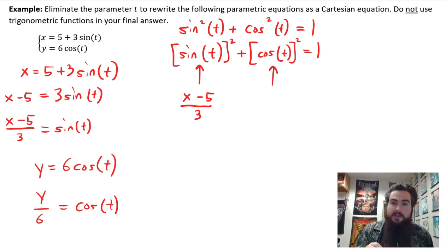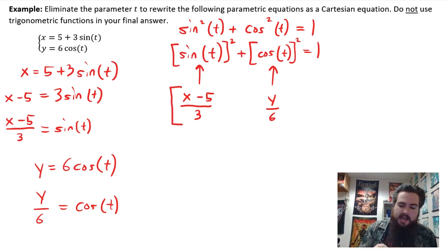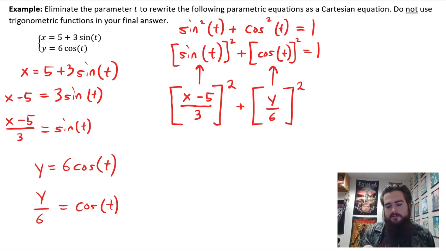Therefore, I know I can replace cosine of t with y over 6. What this will then look like is x minus 5 divided by 3 taken to the second power plus y over 6 taken to the second power as well. And that is equal to 1.